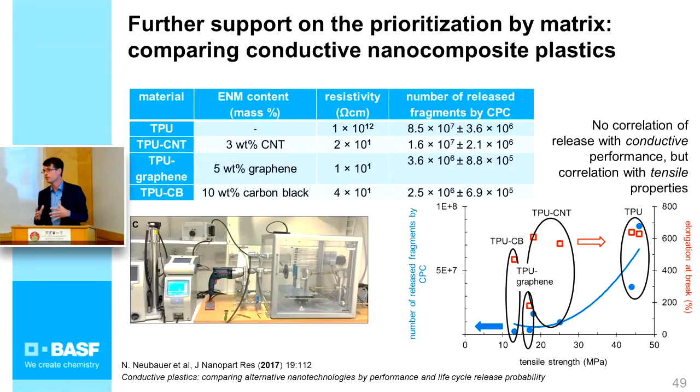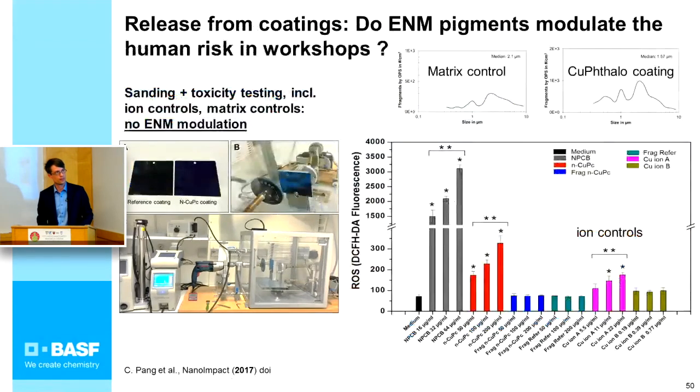So that gives us another property that we can use for nano-enabled products. Tensile strength tells us how to predict release rates, and not so much the functionality, like conductivity, and not so much the shape or substance of the nanofiller. These are secondary criteria.